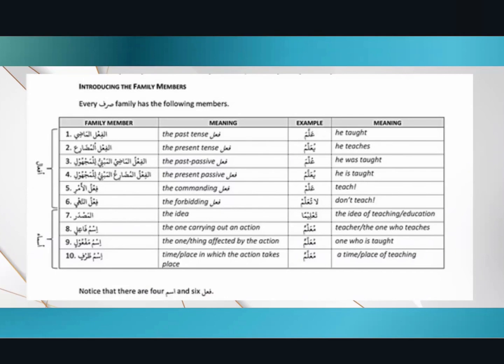There will be a past tense, present tense, past passive, present passive, command, forbidding, ism fa'il, ism maf'ul, that is, one carrying out an action and one that is affected by the action, and ism zarf, the time or place in which the action takes place.